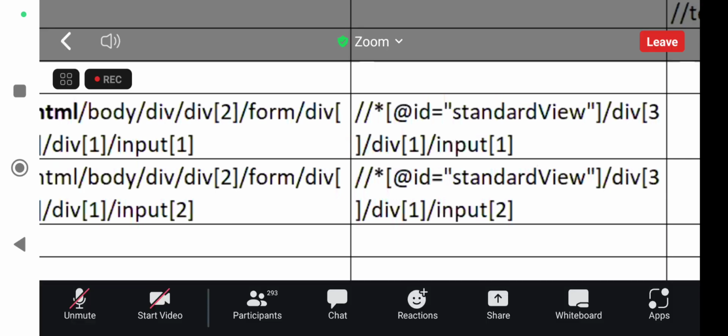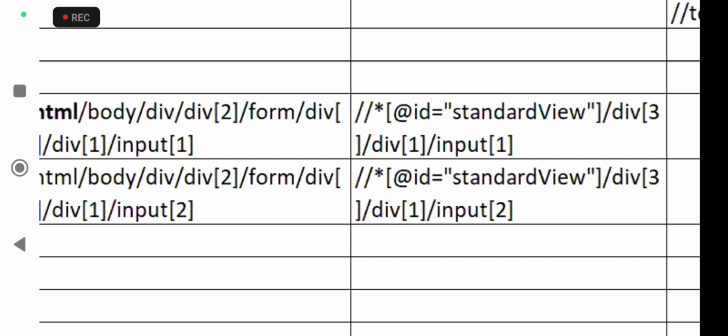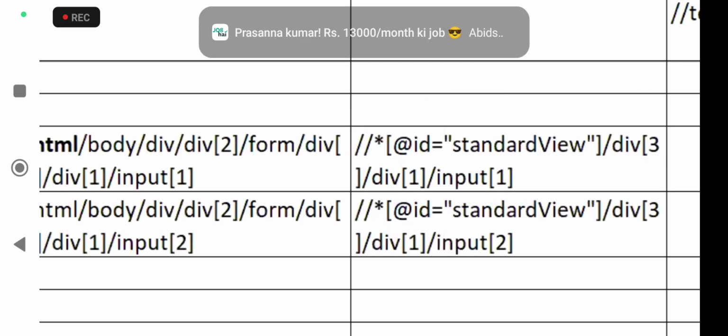The at the rate symbol needs to be provided. So like this, however many attributes you want to use, you can provide them.